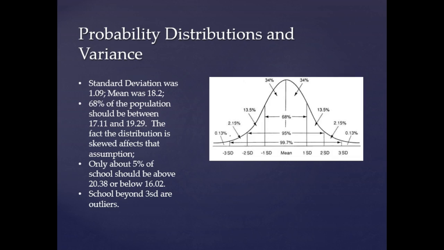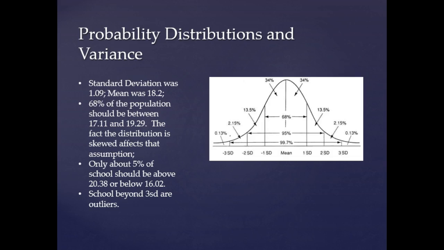So if we think about probability distributions and variance, we see, again, from our descriptive statistics, the standard deviation was 1.09 with a mean of 18.2. 68% of the population should fall between 17.11 and 19.29. The fact that the distribution is skewed does affect this assumption. Only about 5% of the schools should be above 20.38 or below 16.02.